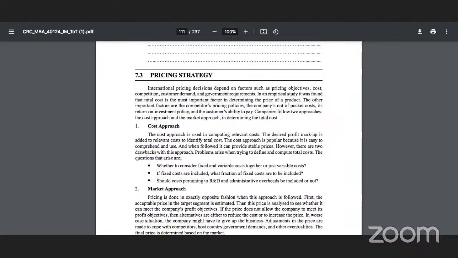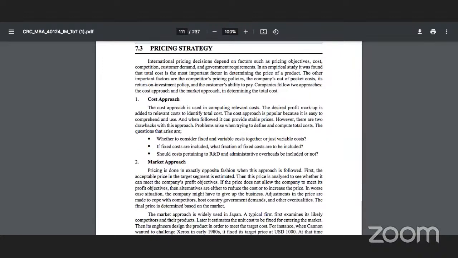Now we'll be moving into the next aspect, that is the pricing strategy. So, international pricing decisions depend on several factors. What are they? Pricing objectives, cost, competition, customer demand, and government requirements. So, in an empirical study, it was found that total cost is the most important factor in determining the price of a product. And it makes total sense. Don't you think so?